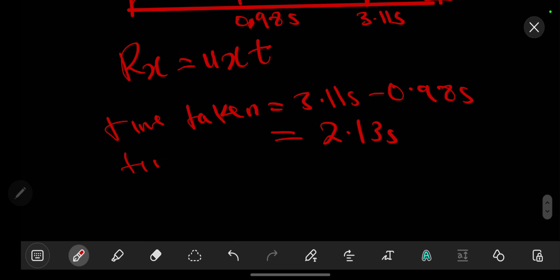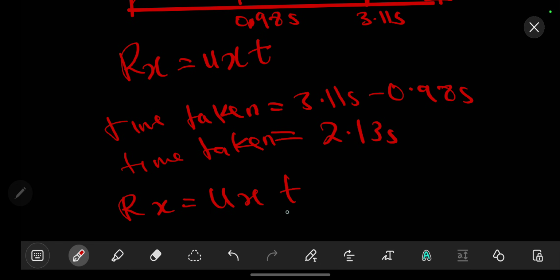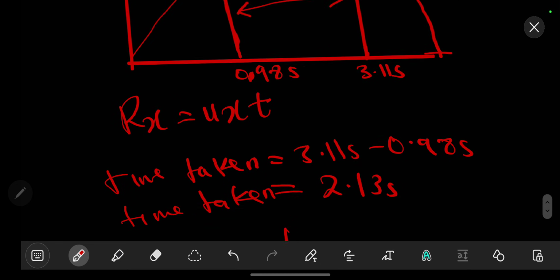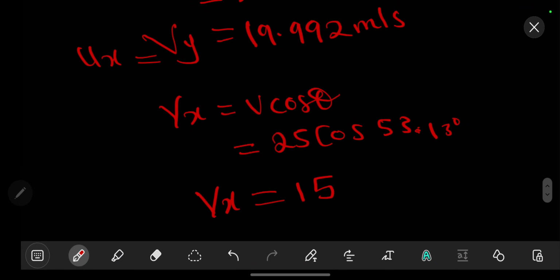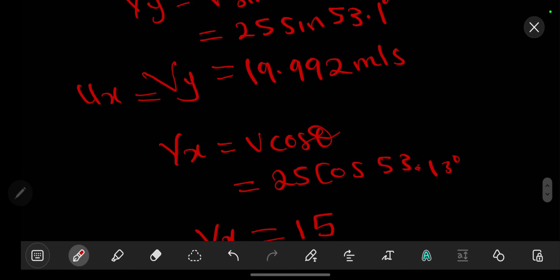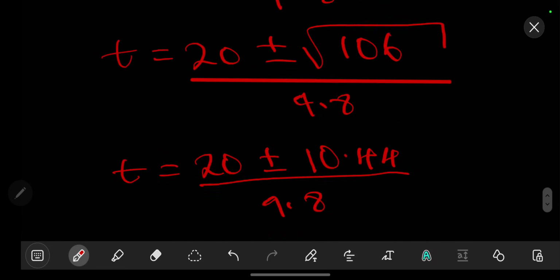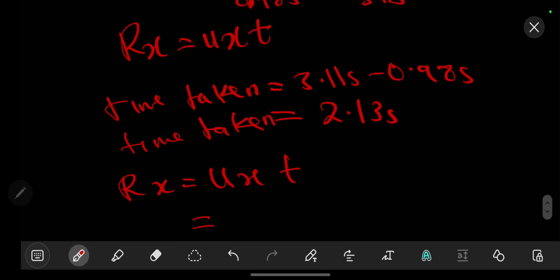If we have the time taken, our Rx should be equal to our Ux times the time taken. Our Ux, we found it to be, what value was that? The value of our Ux is equal to 15. So we are going to put it there.